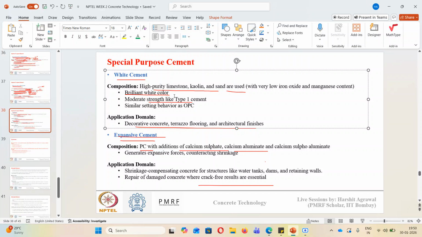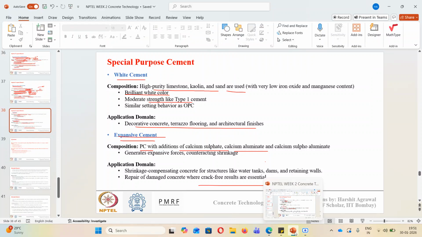Calcium carbonate is a white precipitate, so that's why it is known as white cement, because it contains highly pure lime. There is very less quantity of iron oxide in it, and we know iron oxide is the reason why we get that color of cement, grayish texture of cement. Okay, so that's why high purity limestone is the reason.